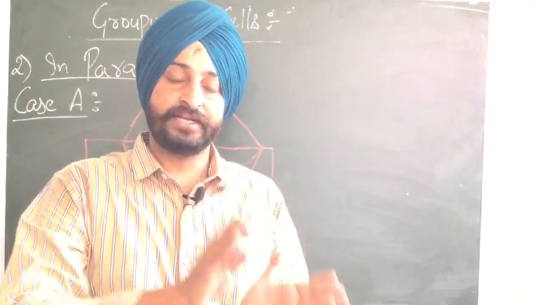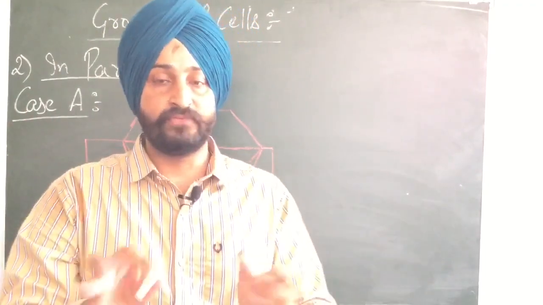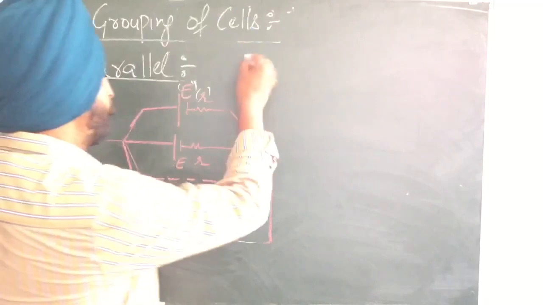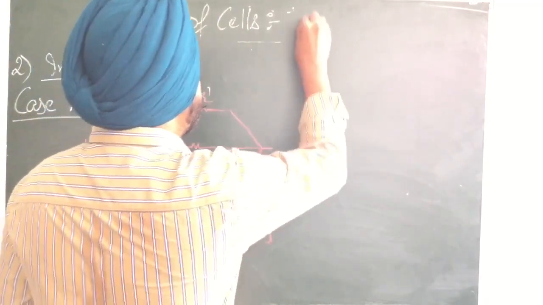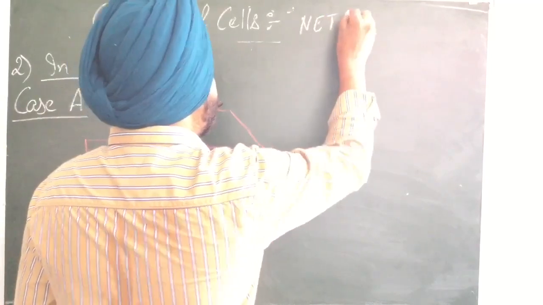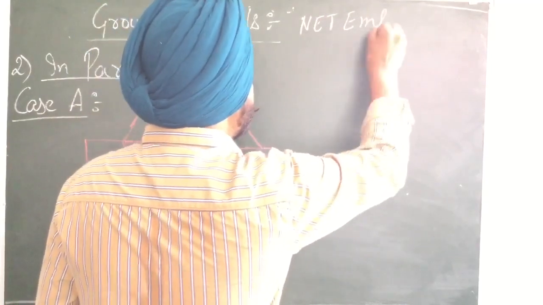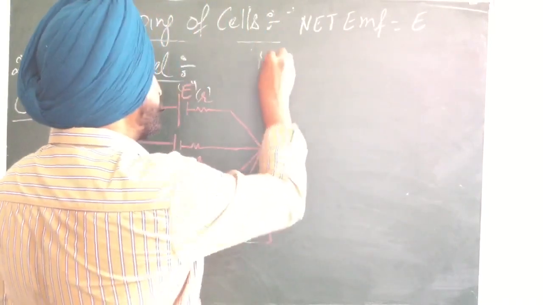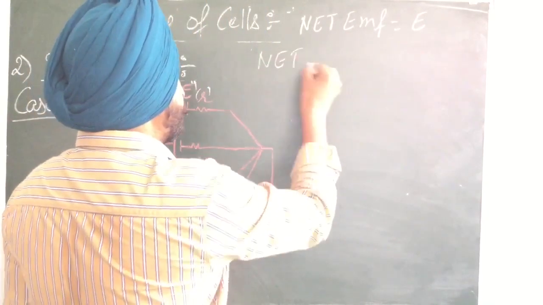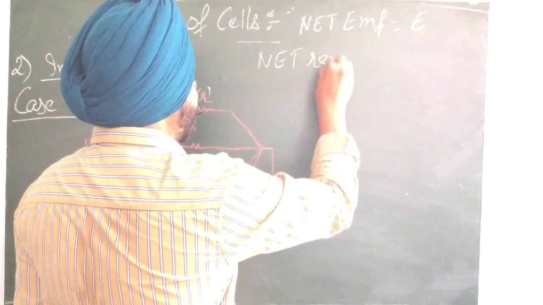So when they are connected in parallel, their net EMF will still remain E. I will be writing net EMF of this circuit would be equal to E. And what will be the net resistance?